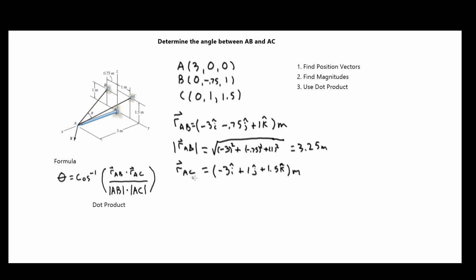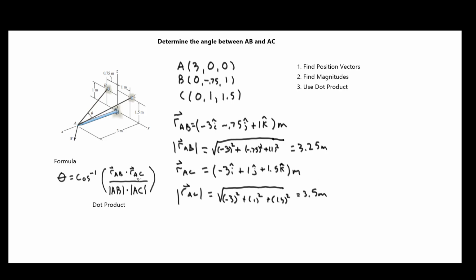We have our units, and then we're going to find our magnitude for this as well. It's negative 3 squared plus 1 squared plus 1.5 squared. We'll end up with a value of 3.5 meters.